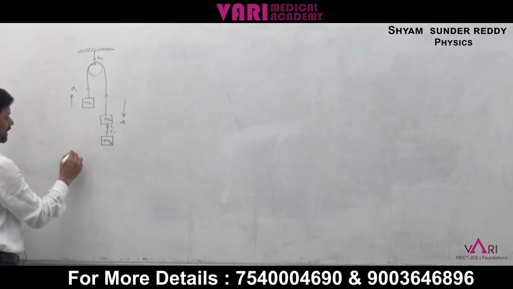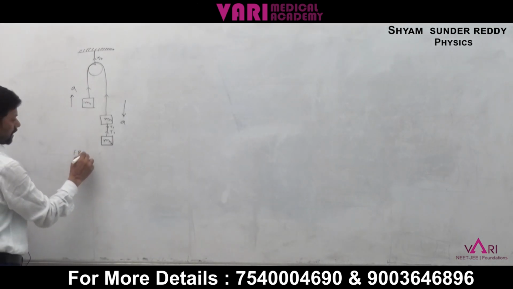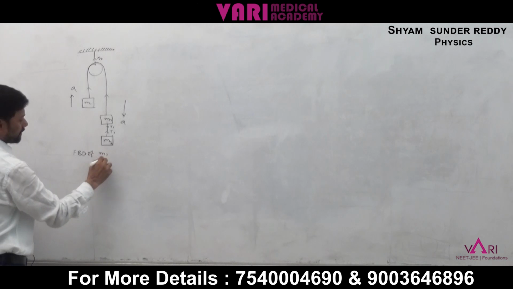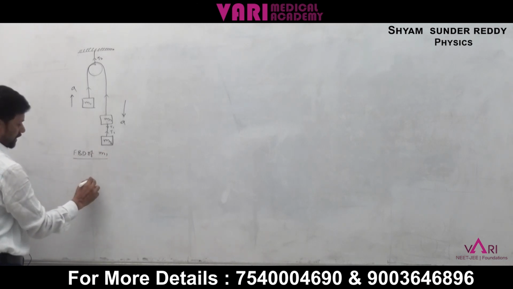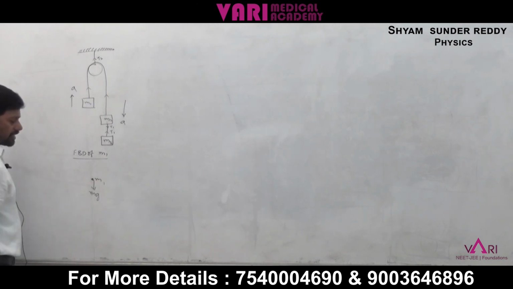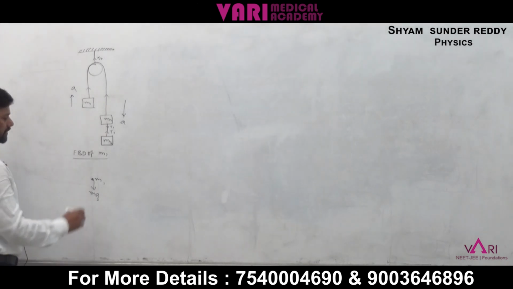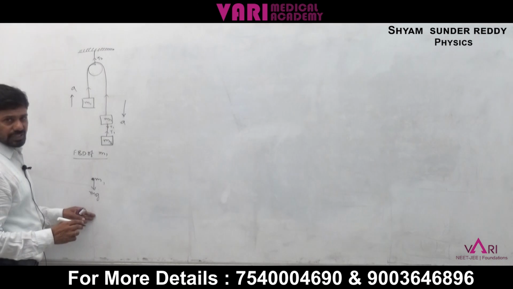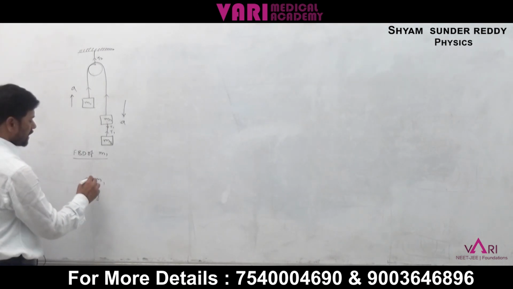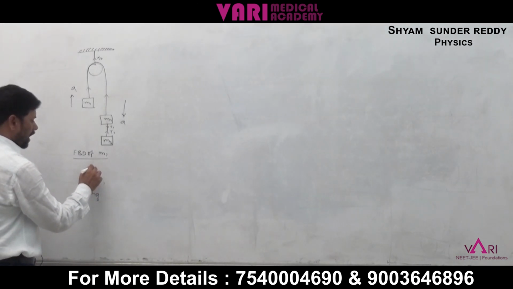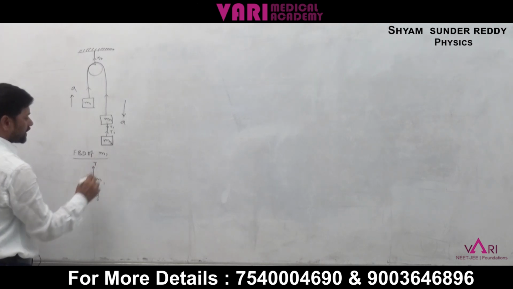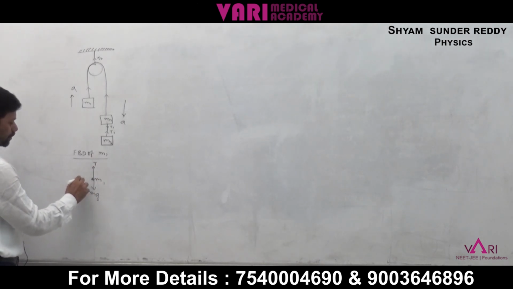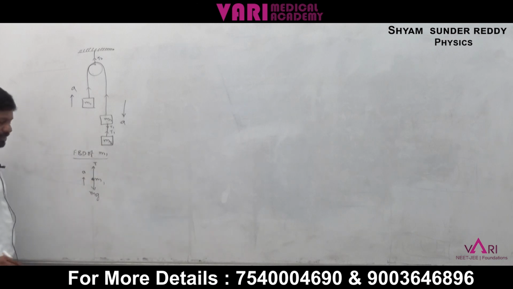First one is same, FBD of M1. Take the M1 mass. In downward direction, gravitational force M1g is working, and in upward direction tension T is there. Acceleration also in upward direction.